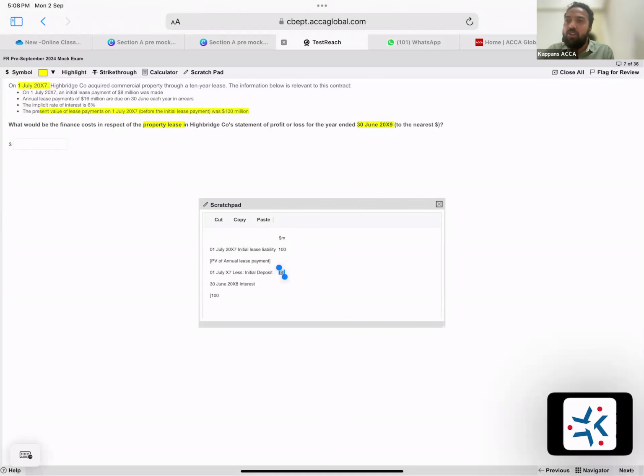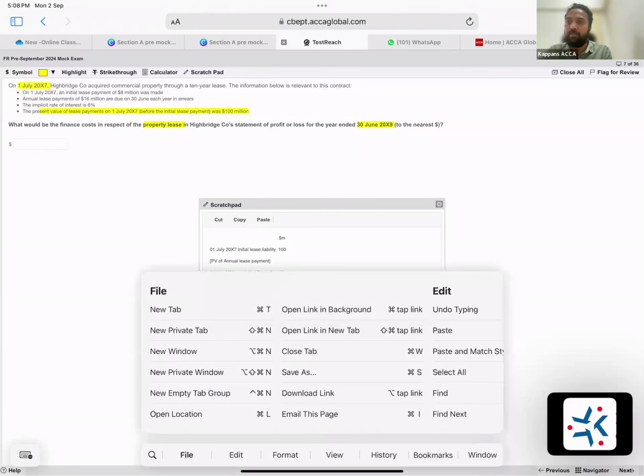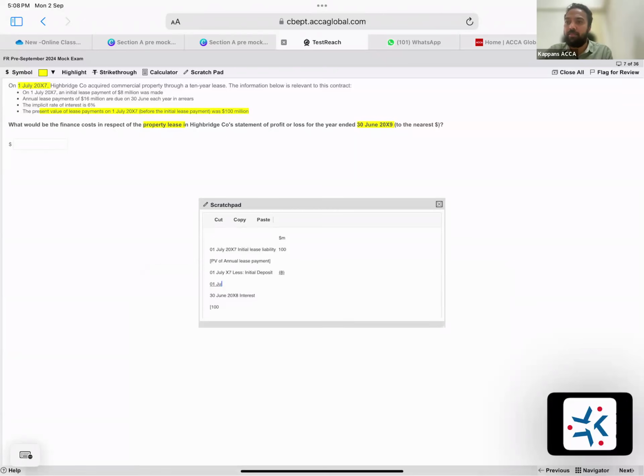So now on 1st July X7, after the initial deposit, the lease liability is 100 minus 8, that is 92.